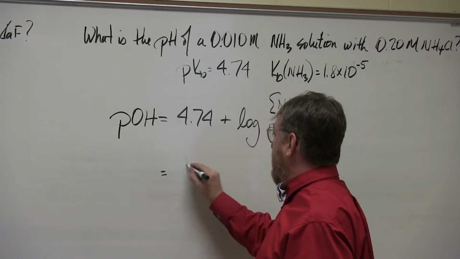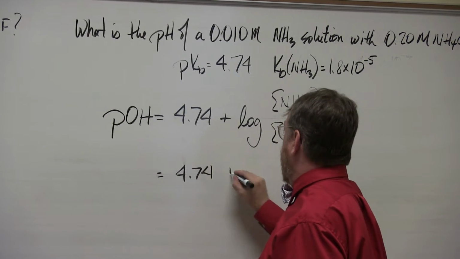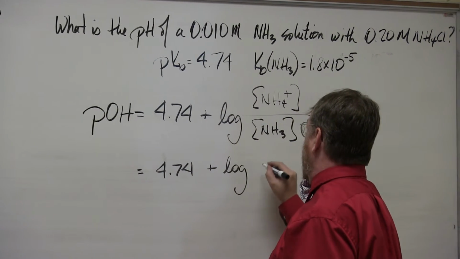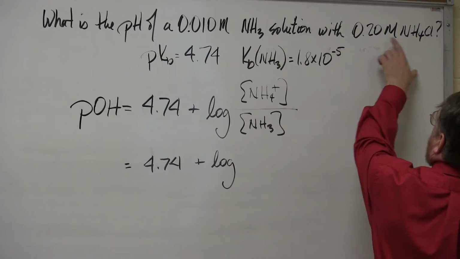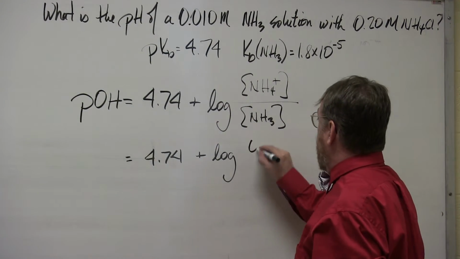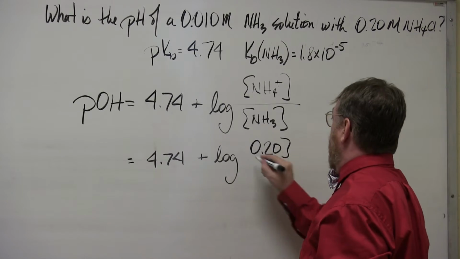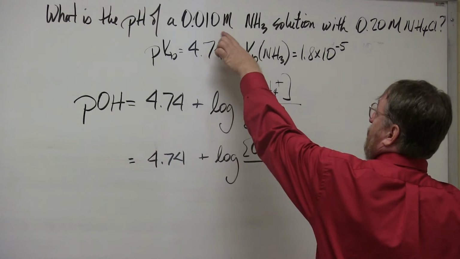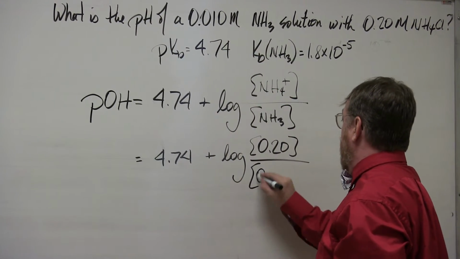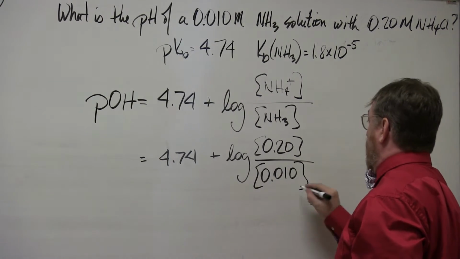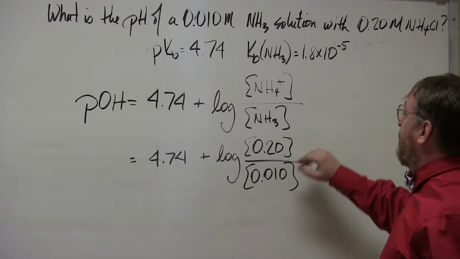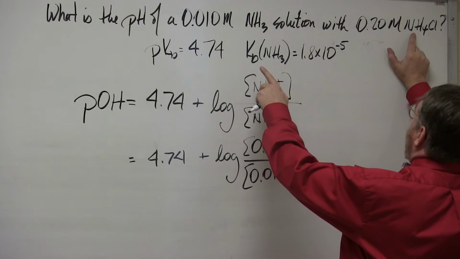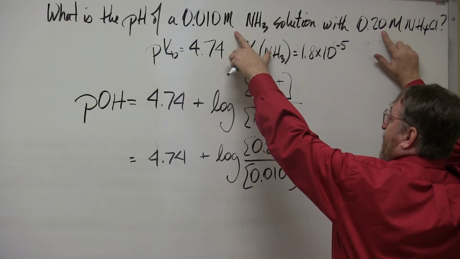Well, now I can plug that in. 4.74 plus the log of concentration of the conjugate acid is 0.2. I'm going to have 0.20 divided by the concentration of the base, which is 0.01. Now, looking at it before I do the calculation, I have more of the acid component than I do the base.